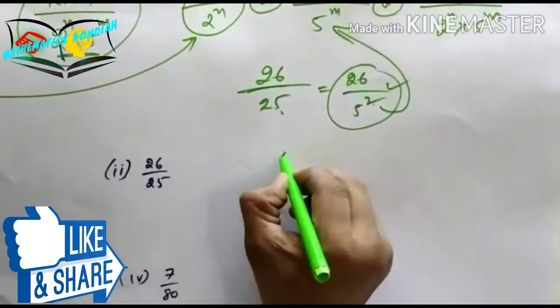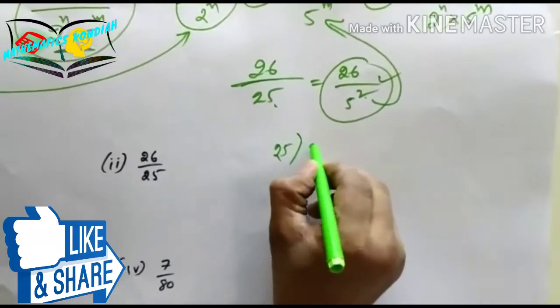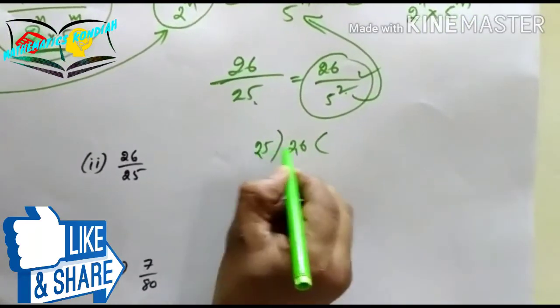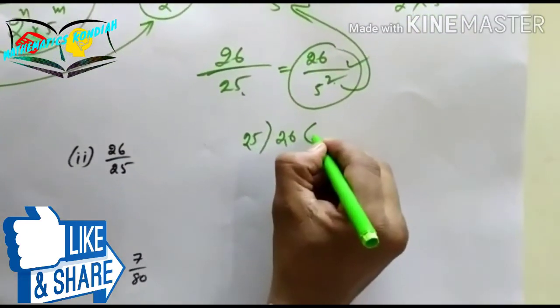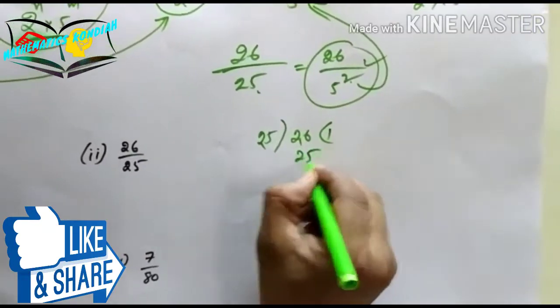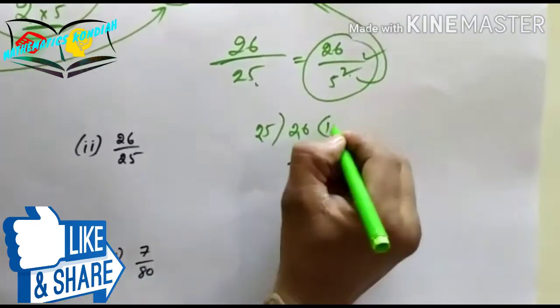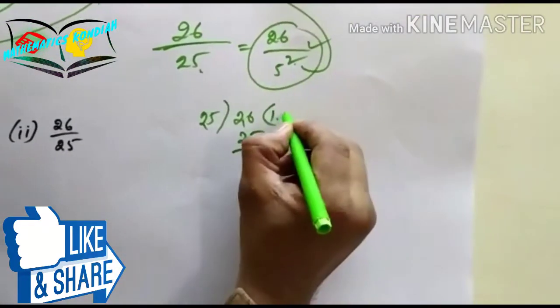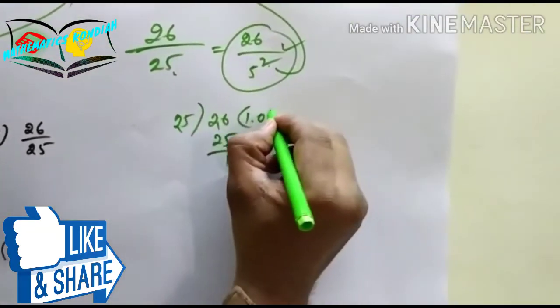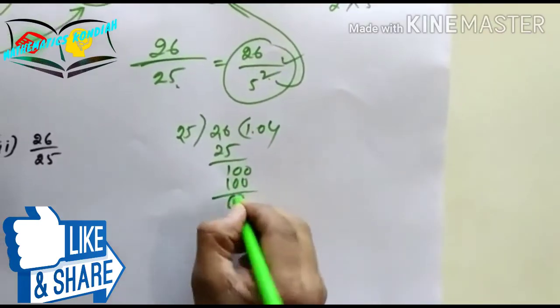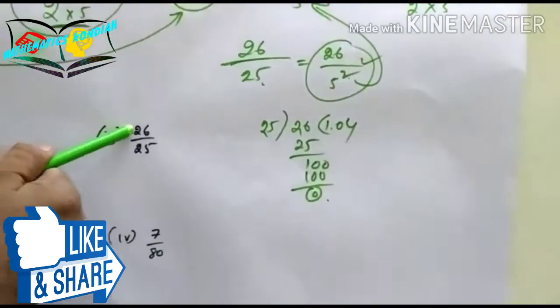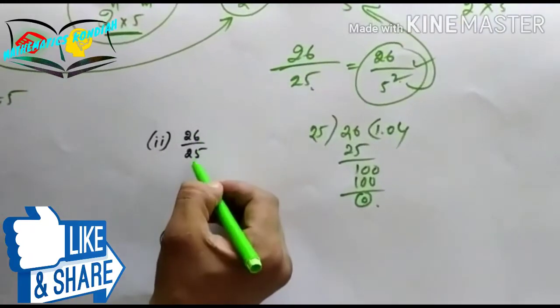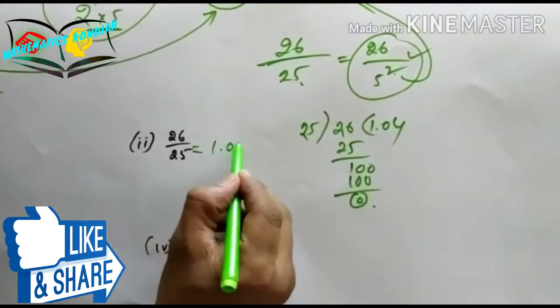For example, 26 divided by 25: 25 once is 25, remainder 1, add zeros, 25 fours are 100. So 26 by 25 is equal to 1.04.